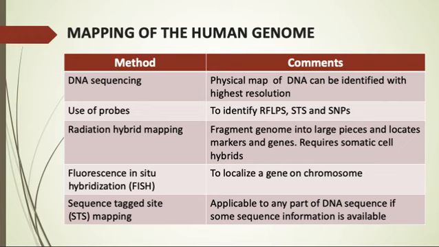And then you have FISH, otherwise known as fluorescence in situ hybridization, to locate a gene on the chromosome. And then you have sequence tagged site mapping, which is applicable to any part of the DNA sequence if some of the DNA sequence information is available.